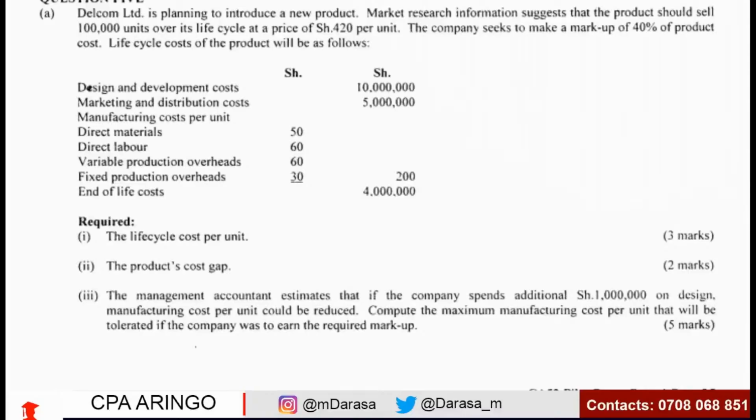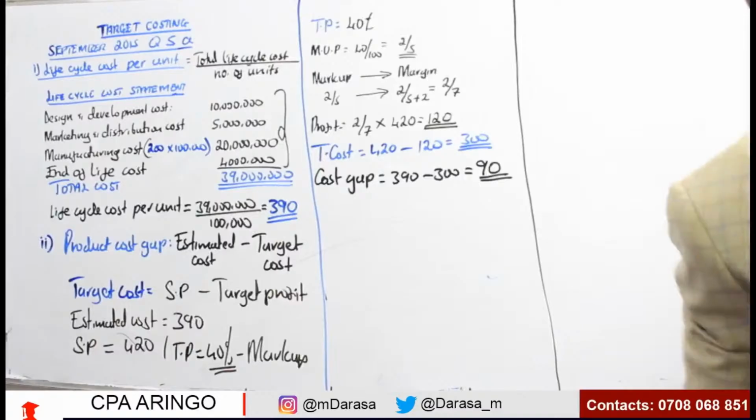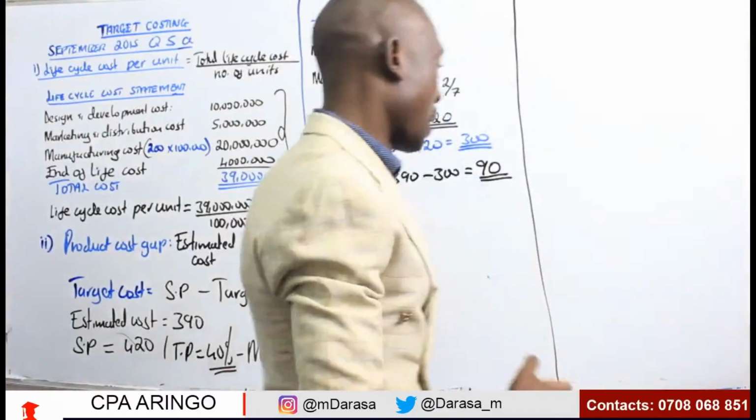Compute the maximum manufacturing cost per unit that will be tolerated if the company was to earn the required markup. And you can clearly see the initial manufacturing cost was 200, right?